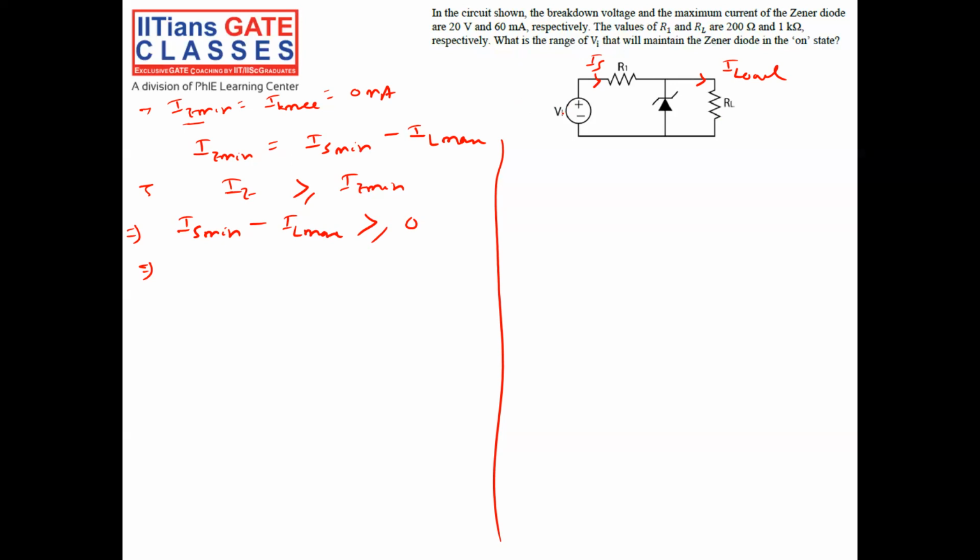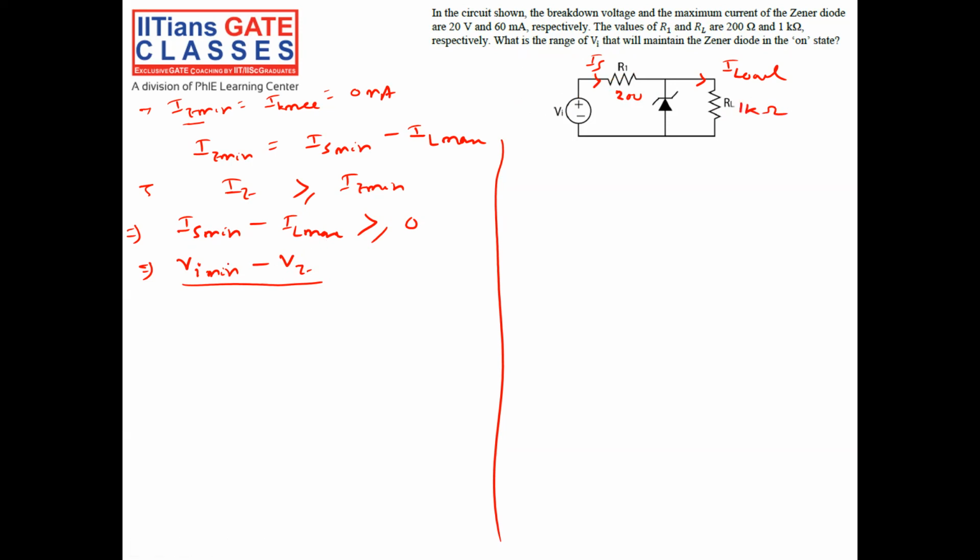In this case, Vin minimum minus Vz by R. To get minimum current, I need maximum R, but it is given R is constant. Already it is given R is constant, so I need not bother about the variation of R1.